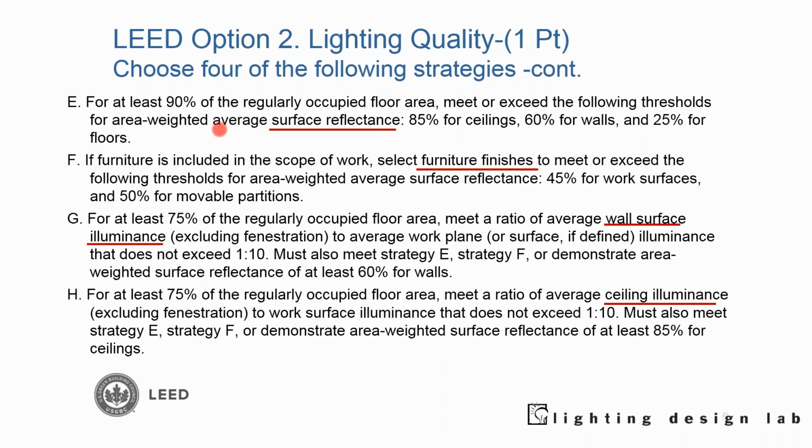You want to look at high surface reflectances off of your finishes, furniture, and wall surface illumination. You don't want to just pool all the light in the middle of the space. And then you want to have ceiling luminance as well. So again, these are things that you'd probably already be doing, and you can get a LEED point.